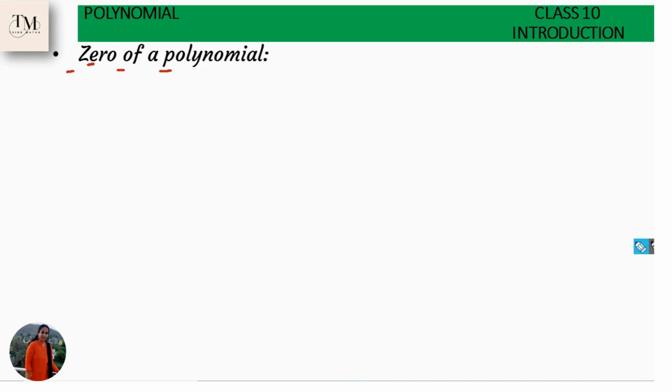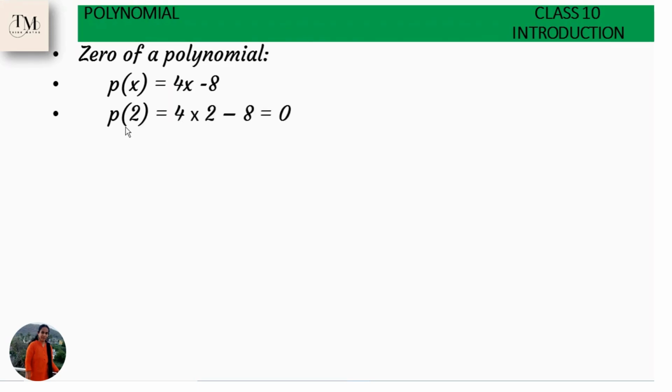Okay. So next, what is the zero of a polynomial? Let me take a polynomial 4x minus 8. The zero of a polynomial is nothing but, if we substitute some value for x, then we should get the answer 0. Suppose I take p of 2, that is I substitute 2 for x. So 4 into 2 minus 8 will be 0.